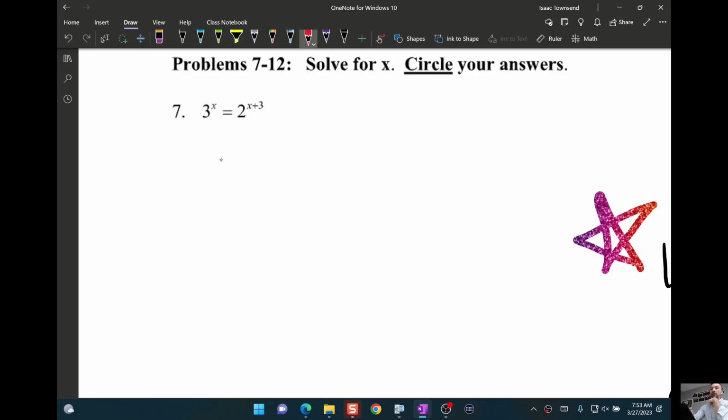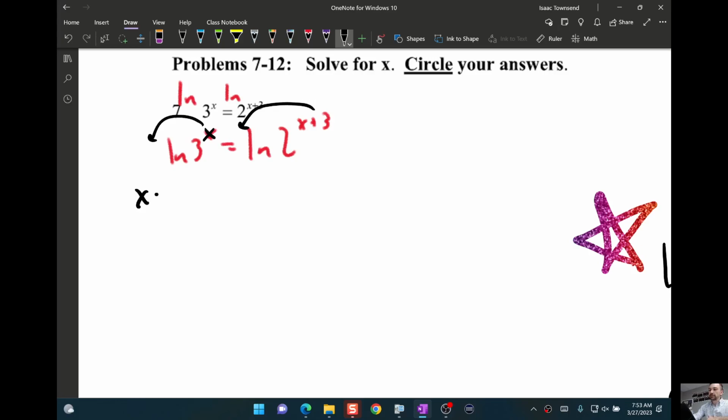I can't undo add, subtract, multiply, or divide yet. So one of the rarest tools, but you do need it sometimes, is to take the log of both sides, or the natural log of both sides, whichever you prefer. Because then we get to use the property of logarithms where the exponents can come down out front.